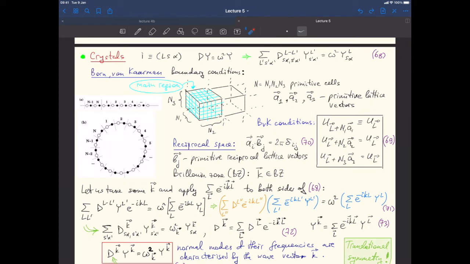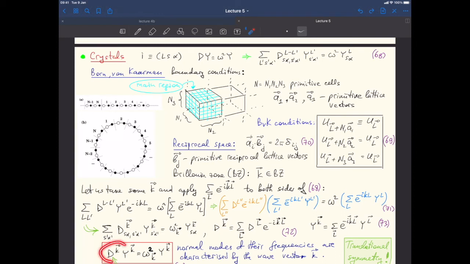So the bottom line here is that initially we have a system of infinite dimension. But using the fact that the dynamical matrix depends only on the difference of the lattice vectors, not on each lattice vector separately, it was possible to represent this problem as a set of much smaller problems, still an infinite set, because each one corresponds to a vector k, and we have many vectors k in the first Brillouin zone.